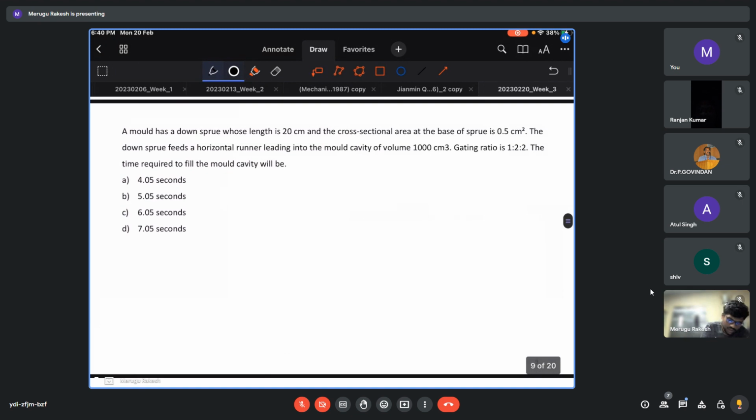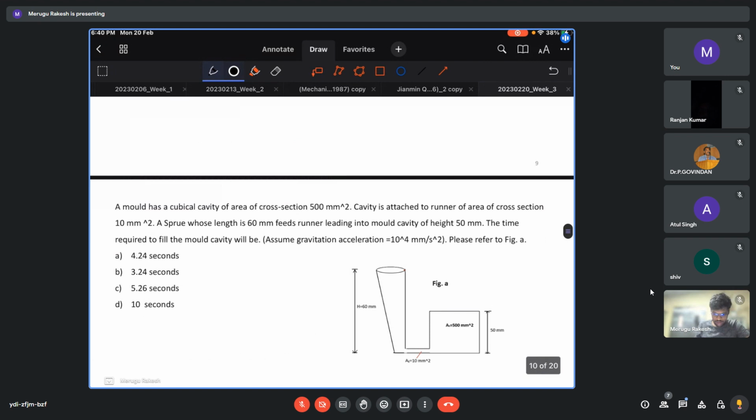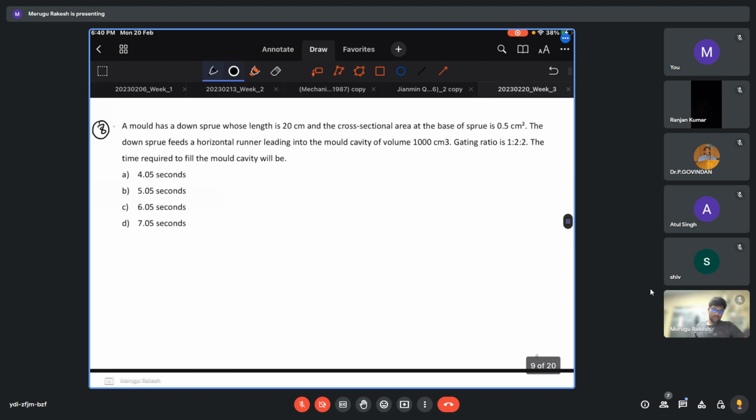Let's move to the next question. So this is the numerical. We'll be doing numericals from now on. I think by doing these numericals, we'll get enough confidence to solve these types of questions. I'll give you 2-3 minutes. Just read the question.